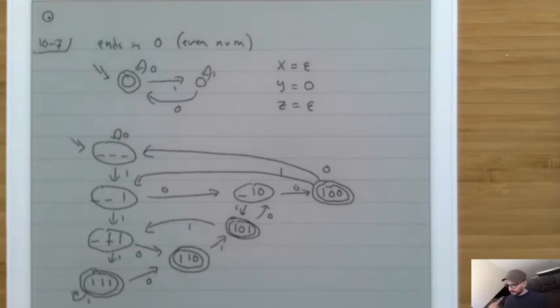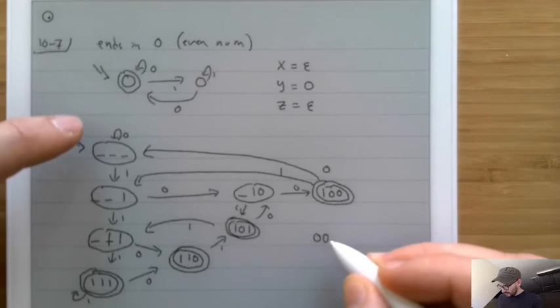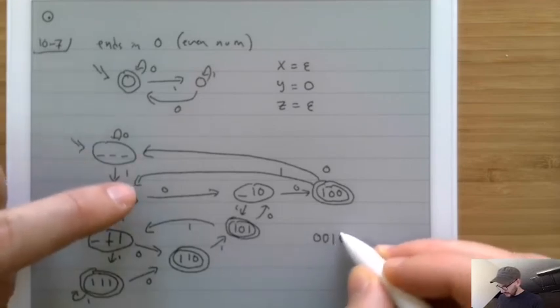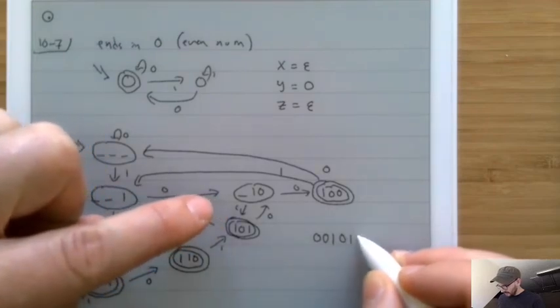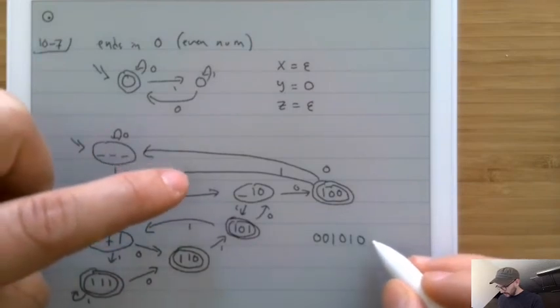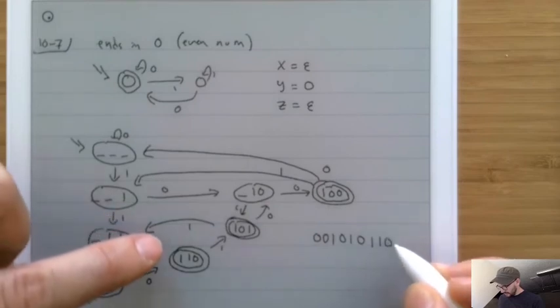All right. Okay, so this machine right here, what is an interesting loop that's in it? Well, the thing is that interesting loops just have to do with particular input strings. So what if we saw the string 0, 0, 1, 0, 1, 0, 1, 1, 0.